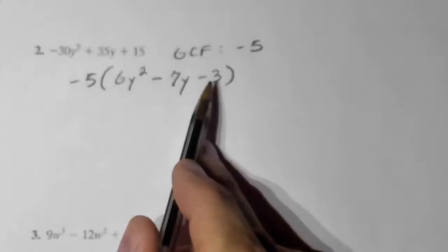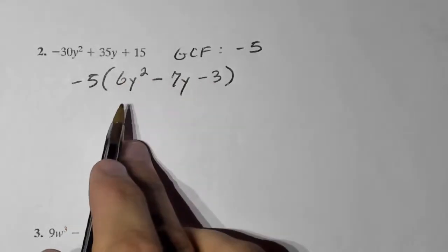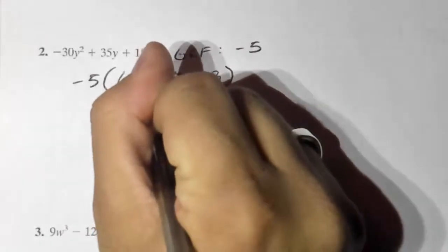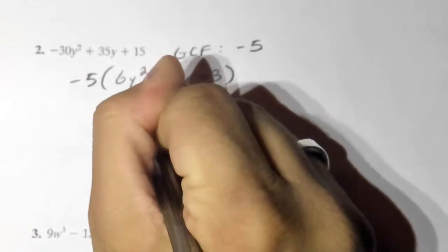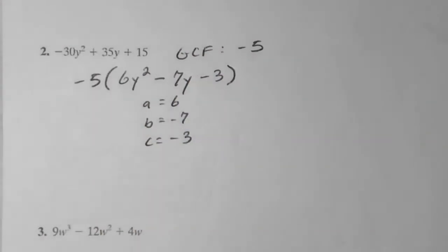The first and last terms are not perfect squares, so this is not a perfect square trinomial. So we're going to go straight into the AC method to see if it factors further. Our A value is 6, our B value is negative 7, and our C value is negative 3.